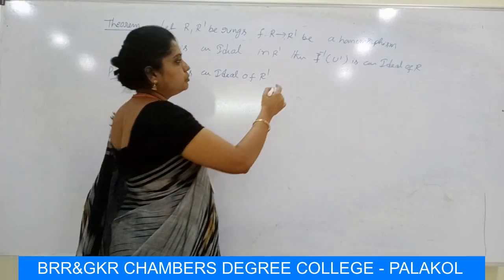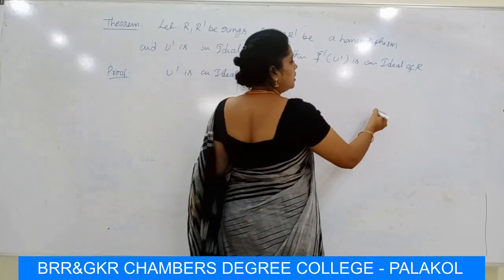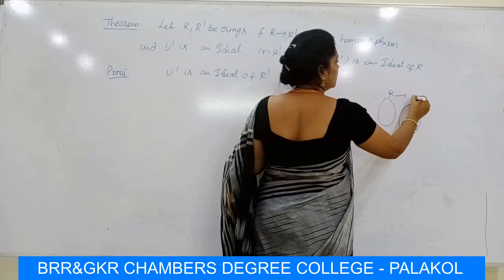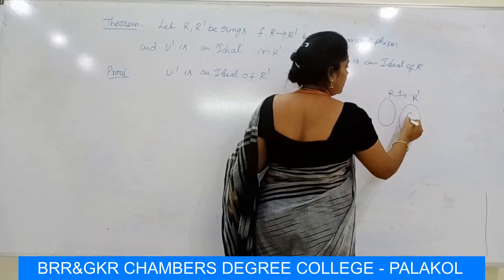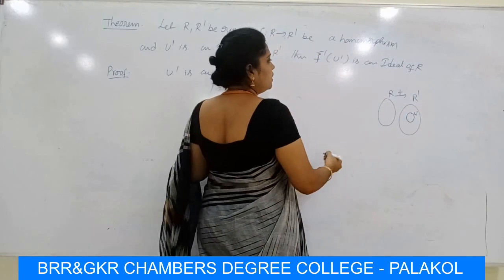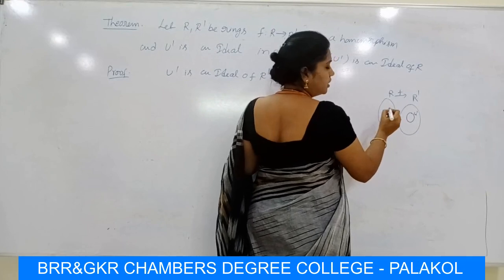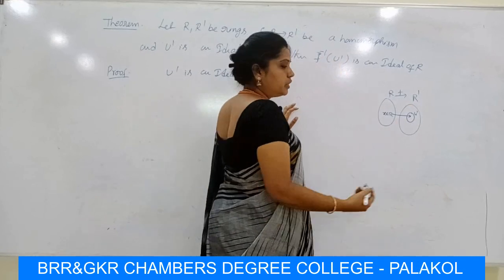So we have to prove f inverse of U dash is an ideal of R. Here f is a mapping from R to R dash, and U dash is an ideal of R dash. So for f inverse, if we take x any element of R, then its image is associated to U dash.